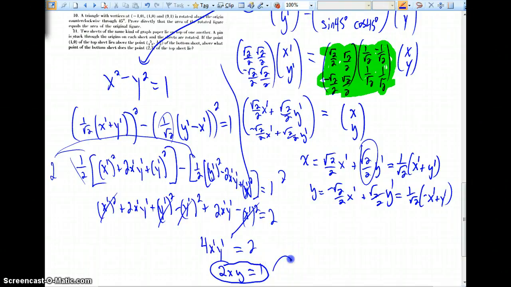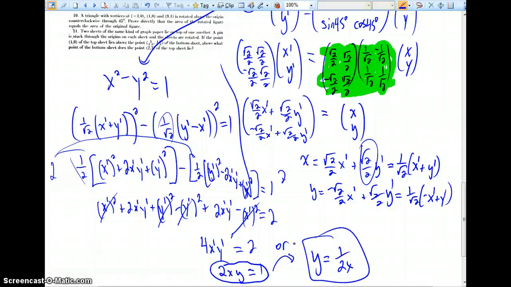We could also say that it's y equals 1 all over 2x. So this x squared minus y squared, which is a hyperbola, you should remember from pre-calculus. This hyperbola is rotated 45 degrees. This would be its new equation. Very often at the very end we drop the primes.